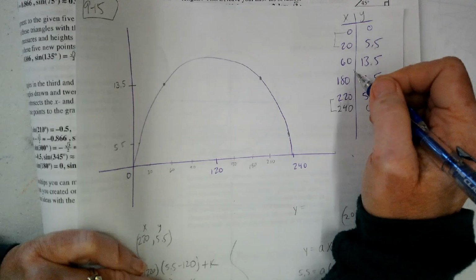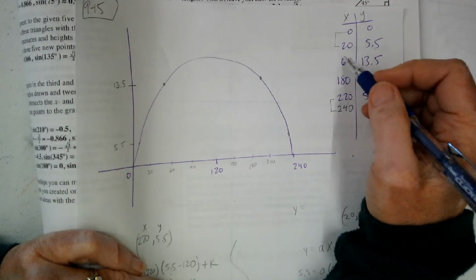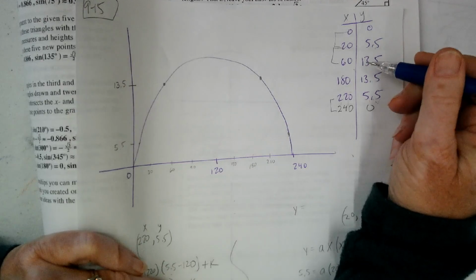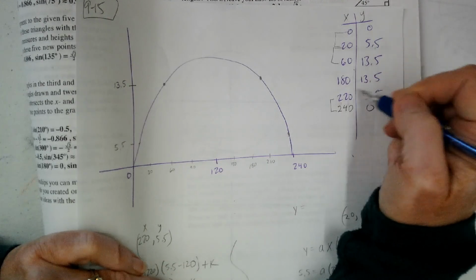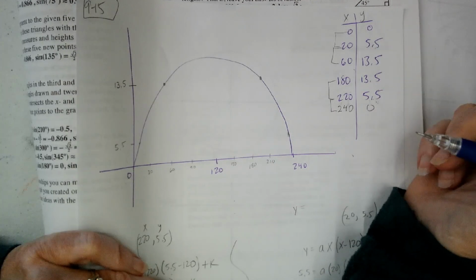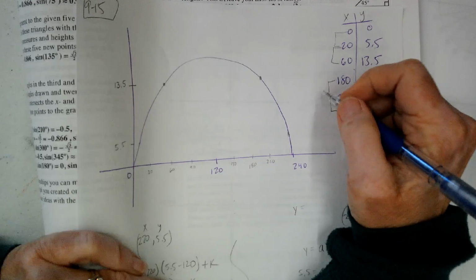And just like this, from 20 to 60, that would be 40, right? And isn't that the same over here? 80. Yeah, that's 40, right?